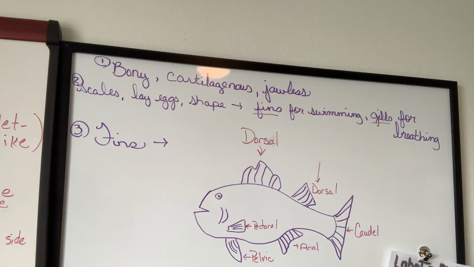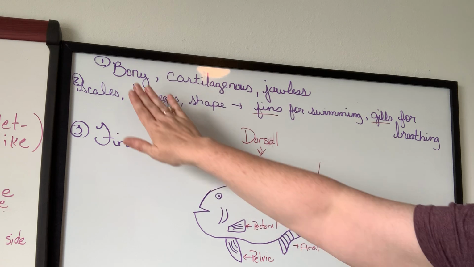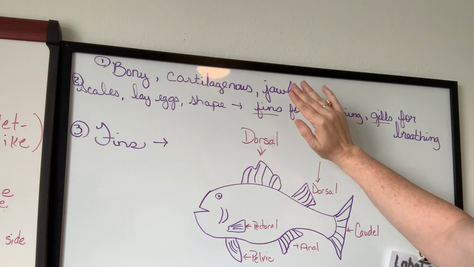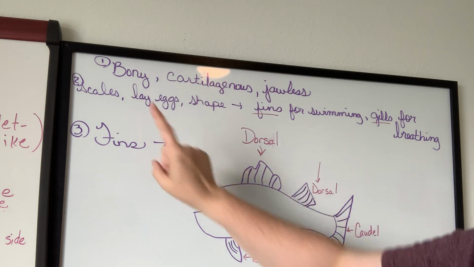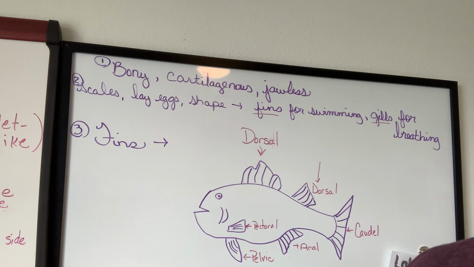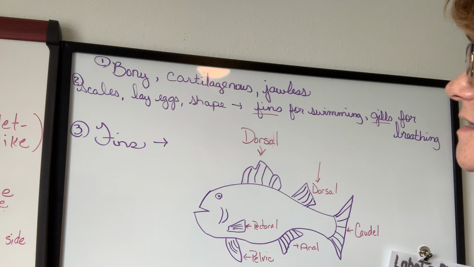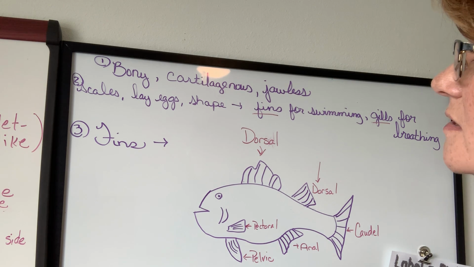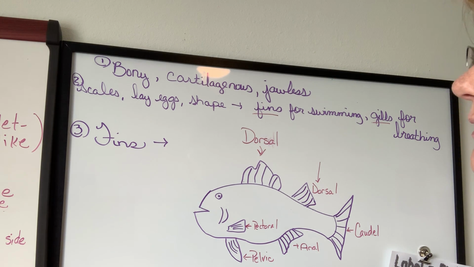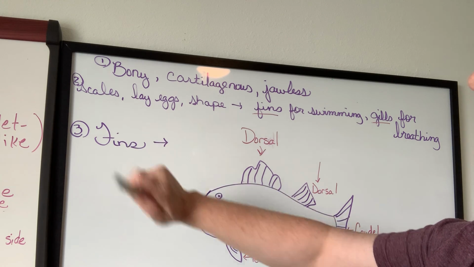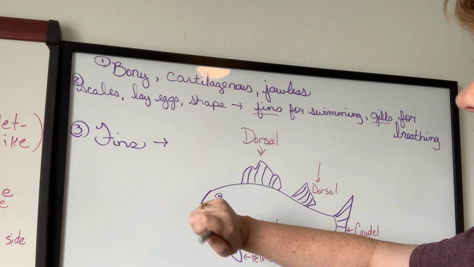I think so. All right, so our 3 types of fish are bony, cartilaginous, and jawless. For chapter 6, we are specifically studying the bony fish. I wish I had my pointer, but now all I have is this. So the characteristics of a fish specifically. Yes, fish have scales, but so do other things.